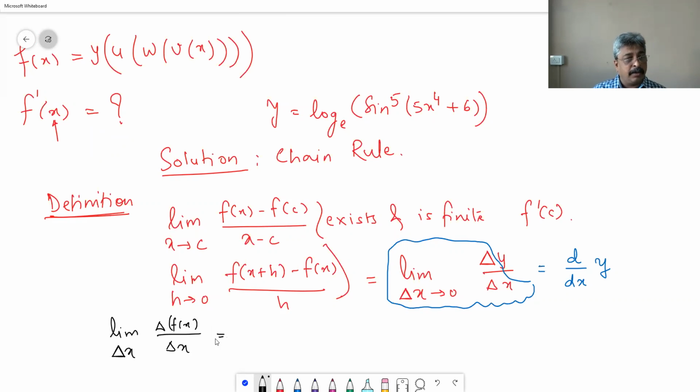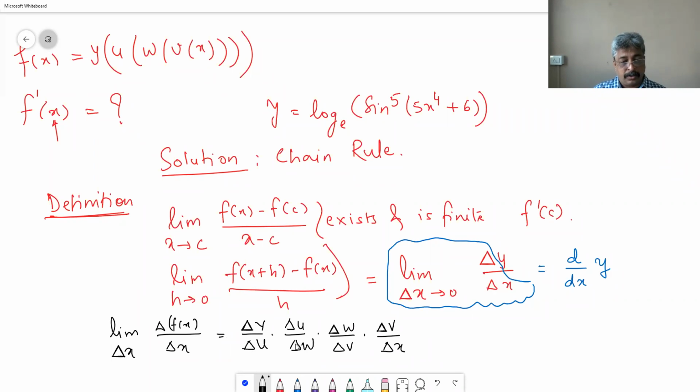Then delta f of x is delta y upon delta u into delta u upon delta w, into delta w upon delta v, into delta v upon delta x.